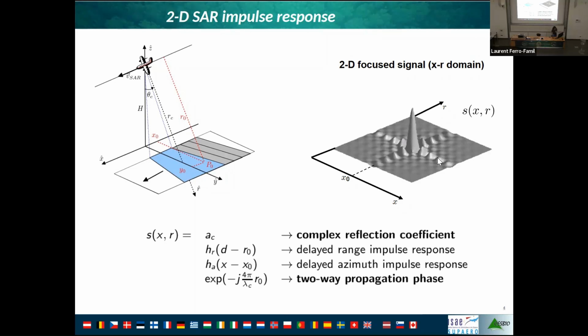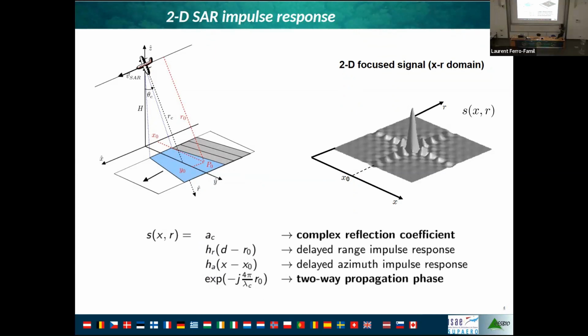You will get a nicely focused SAR response, which has the shape of a double sinc, cardinal sine, in both range and azimuth position. So if you see a response like this, it is very likely that at the exact position of the summit of this bell-shaped response, you will have a scatterer.